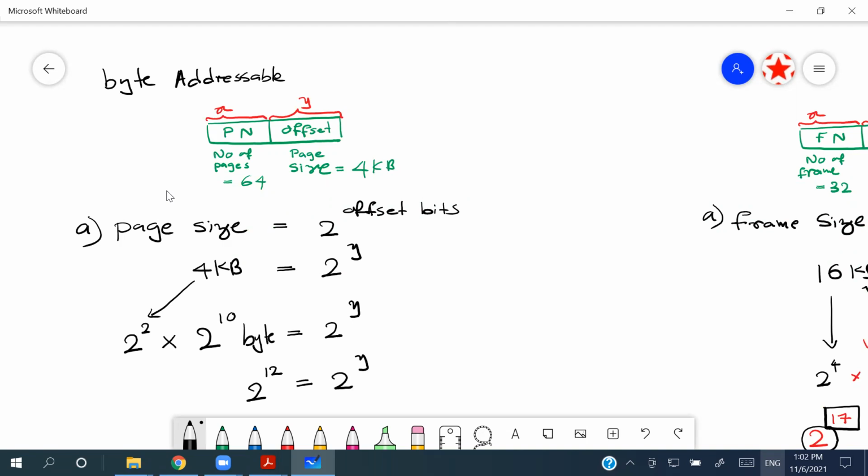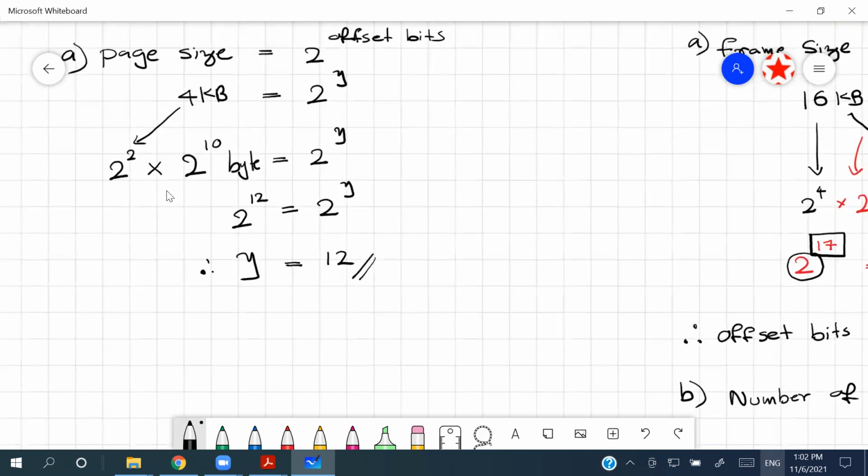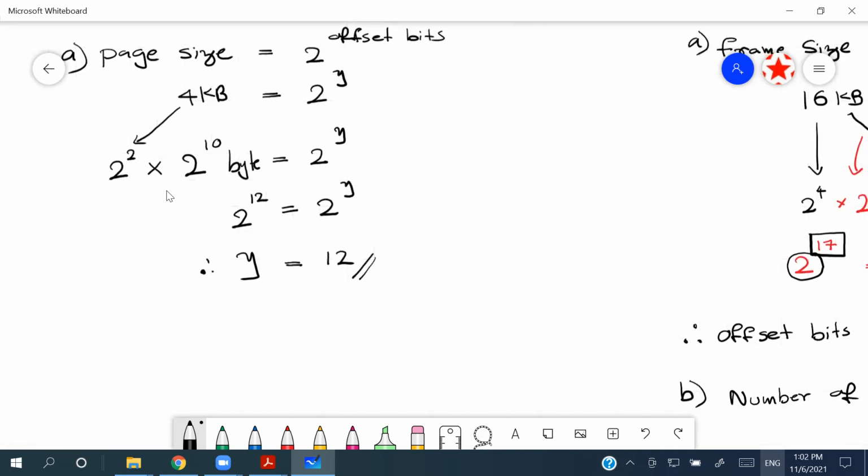So y equals 12, right? Simple as that. Therefore, y equals 12. That means the offset bits equals 12. Right? Offset bits or y equals 12.